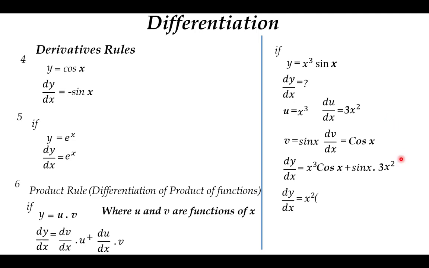If I bring out x squared, based on the law of indices, I would have an x remaining there. So that will be x cos x plus, if I bring out x squared from here, I will have 3 sine x.